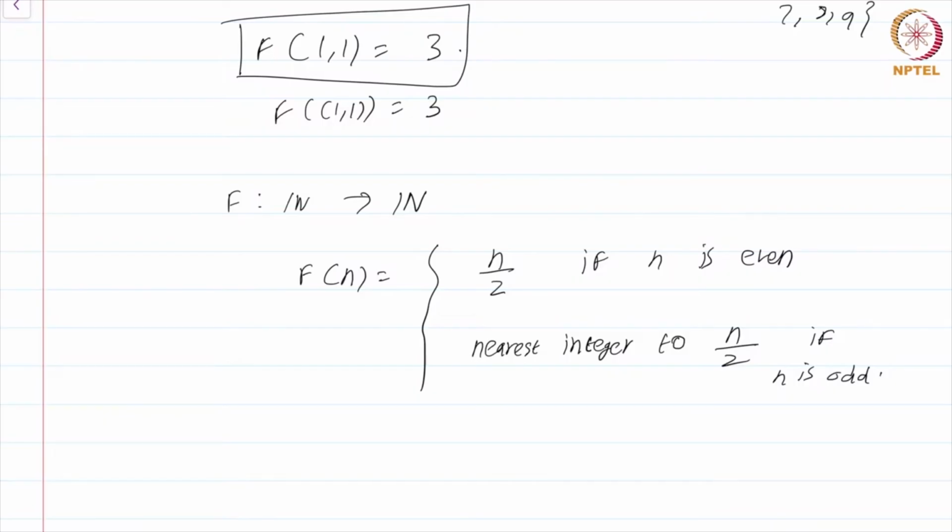Given an element in the domain, it is not clear where that element is getting mapped to. So we can improve this description and just write (n plus 1) by 2 if n is odd. This is a proper function. In fact, it rounds up 1.5 to 2, so 3 will get mapped to 2.